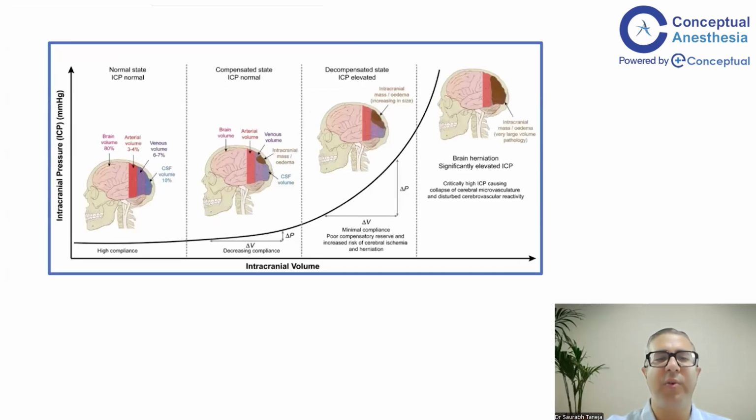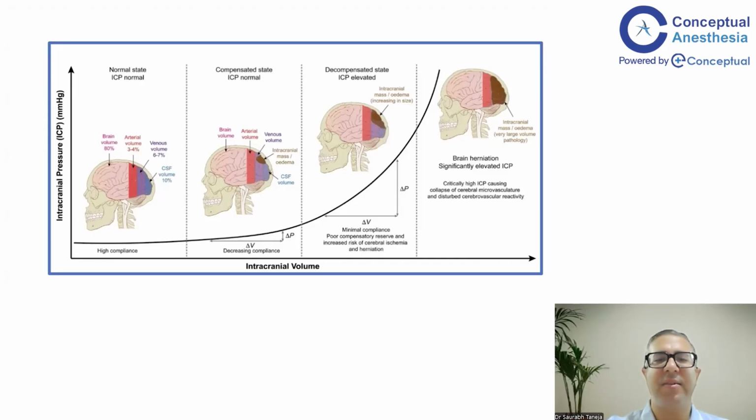If you look at the brain volume, it is 80% parenchyma, 10% arterial and venous blood, and 10% CSF. When you plot the volume against the pressure and look at the compliance, the normal state of ICP, which is the leftmost part, tells us that there is high compliance.